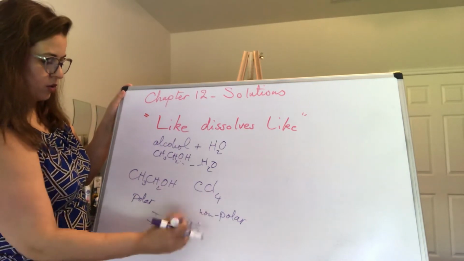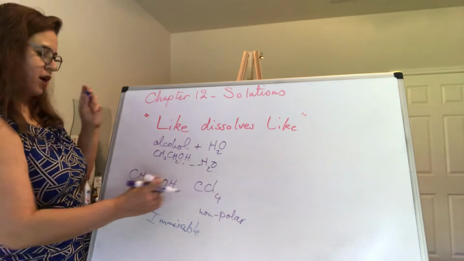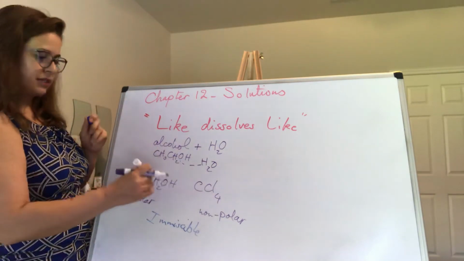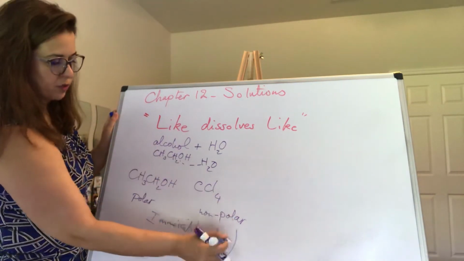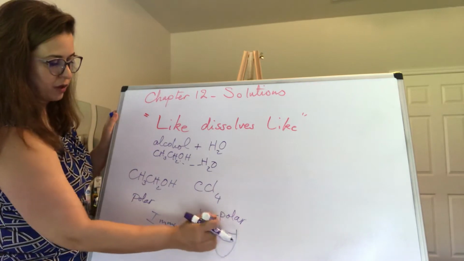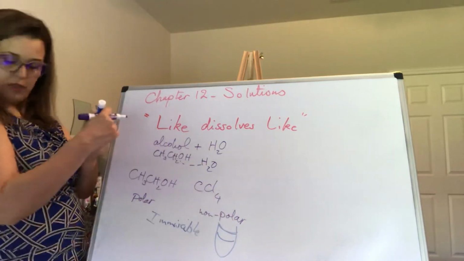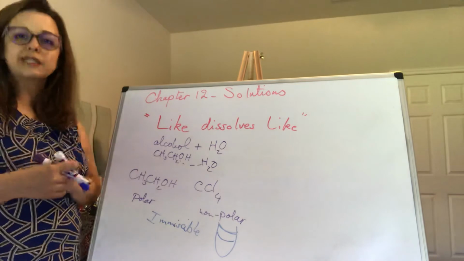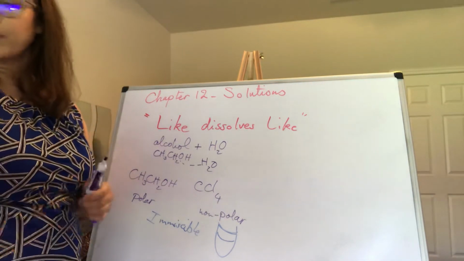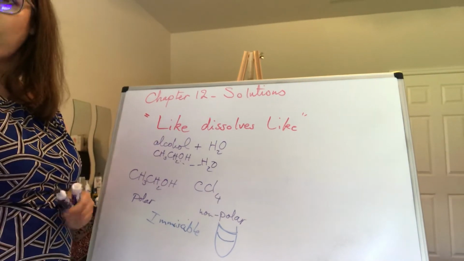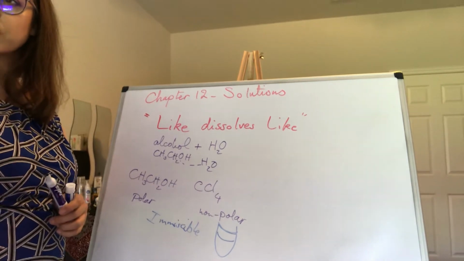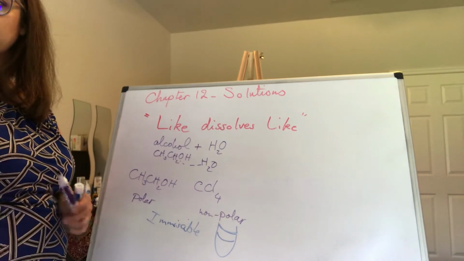If you went to the lab and tried to mix these two, you would see a 2-layer solution here. Okay, this is the terminology of this chapter. In the next video, I'm going to talk about the concentration of solutions.